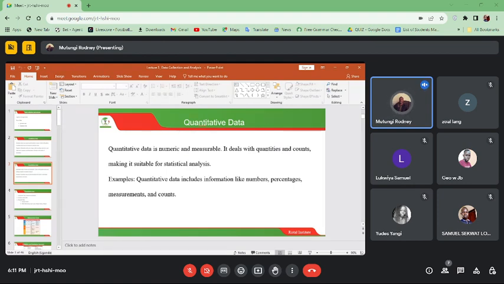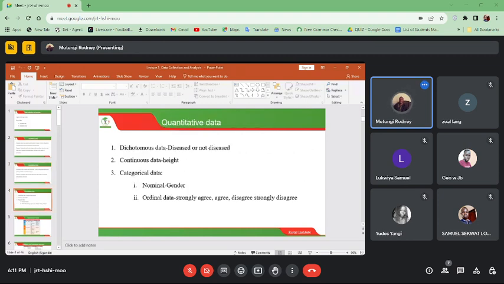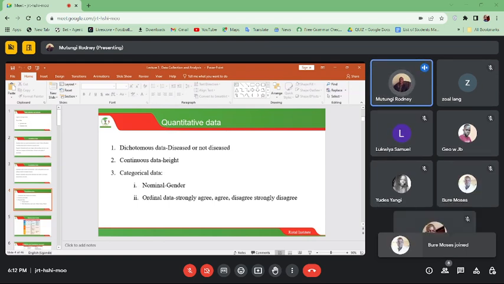Those things are very quantitative in nature, and you can always use quantitative data collection methods, which we are going to see as we go on. So to go on and talk about quantitative data, it can be dichotomous in a way that it has two options. You can say maybe people who are malnourished and those who are not malnourished, without having any other option.